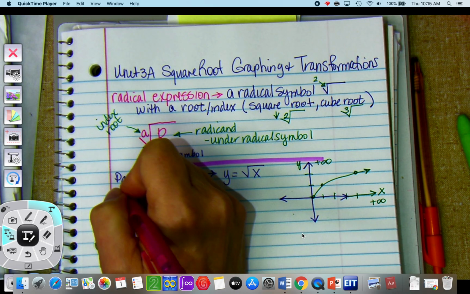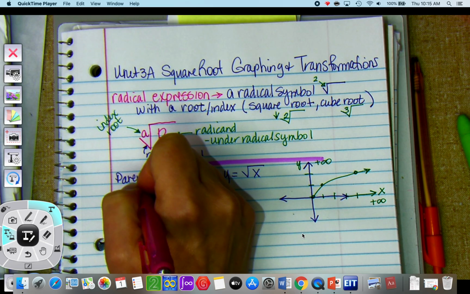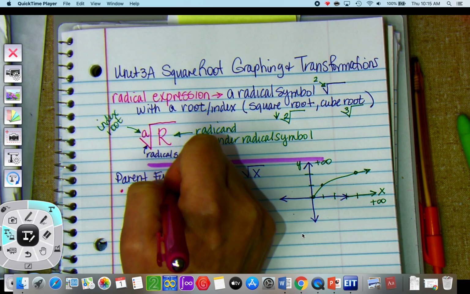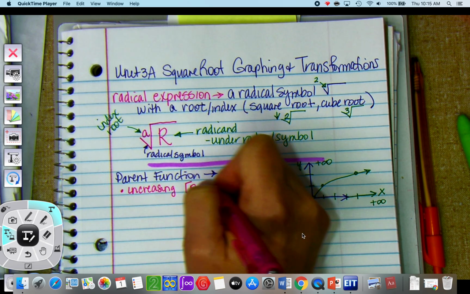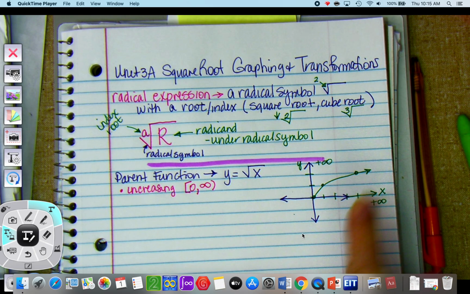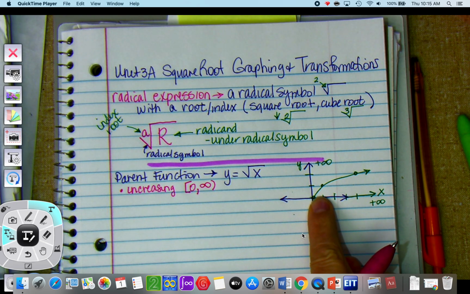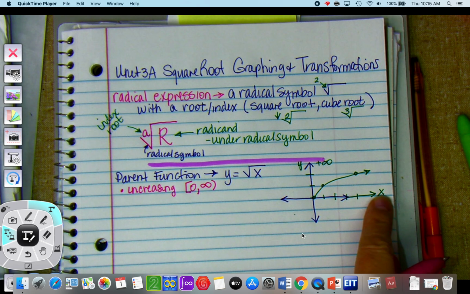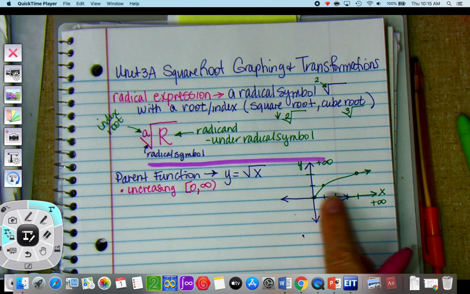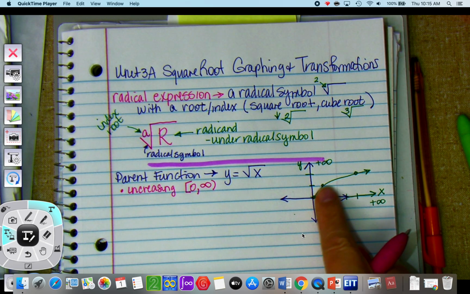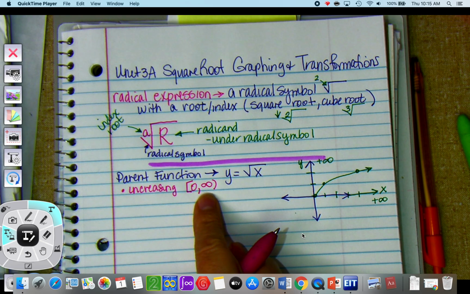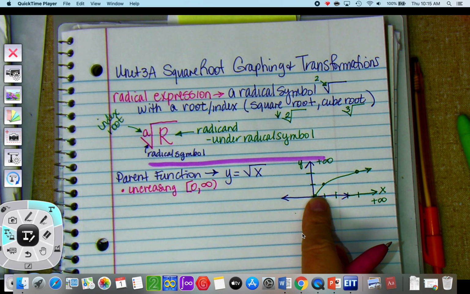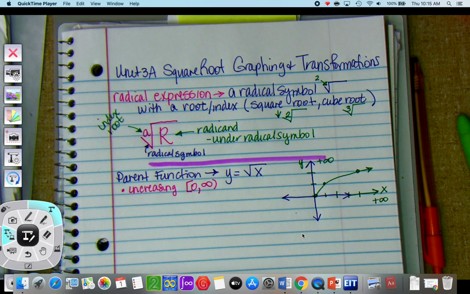So the parent function is increasing over the interval of 0 to positive infinity. It starts at 0, and as the x values travel to positive infinity, so do the y values go up, up, up, up. So that has an increasing interval from 0, including 0, all the way to infinity.